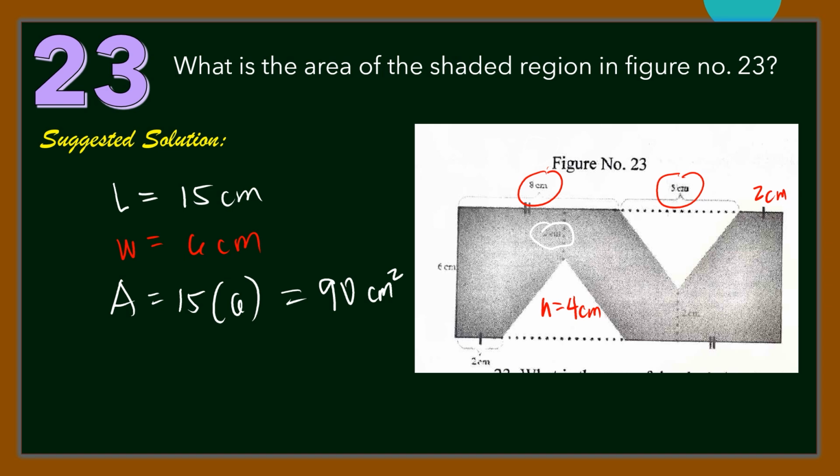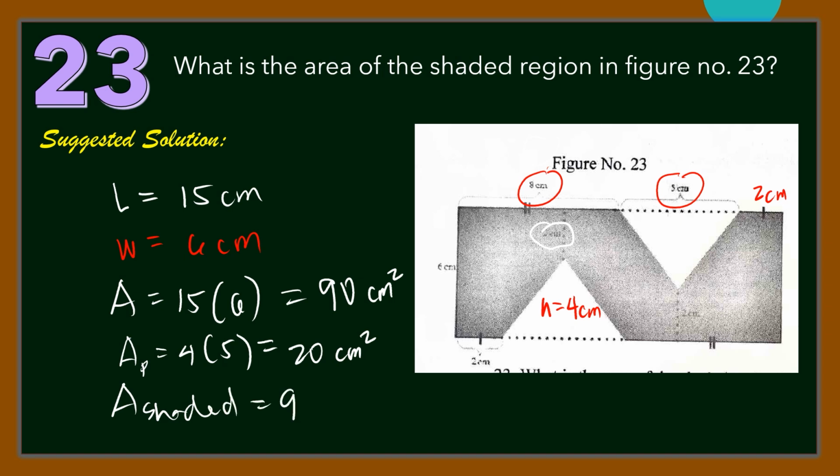And the area of that parallelogram will be equal to 4 times 5. This is equal to 20 square centimeters. Hence, the area of the shaded region would be 90 square centimeters minus 20 square centimeters. That is the area of the 2 triangles. This is equal to 70 square centimeters.